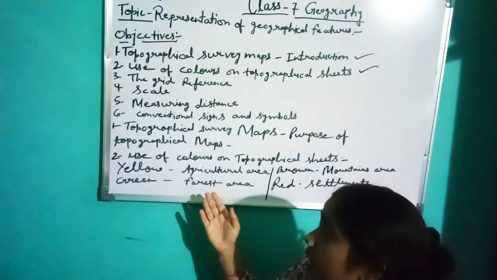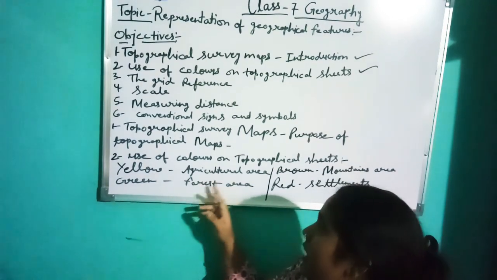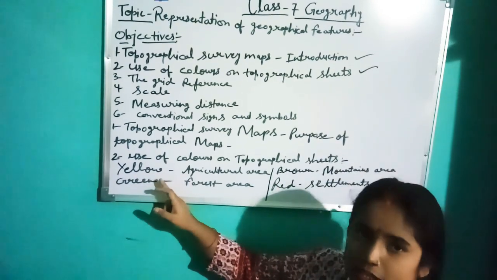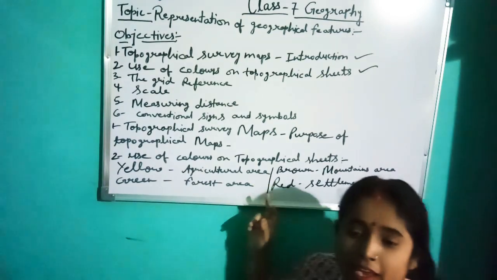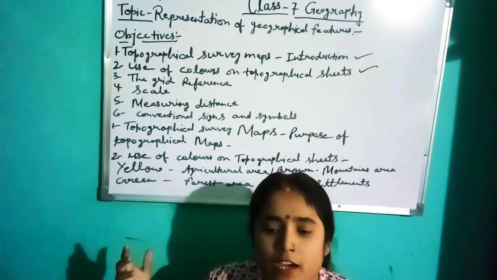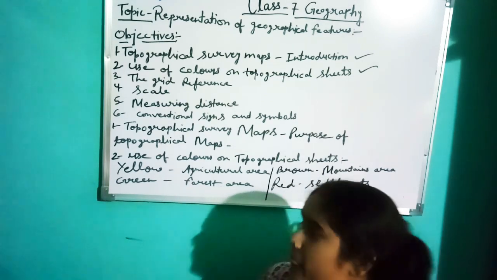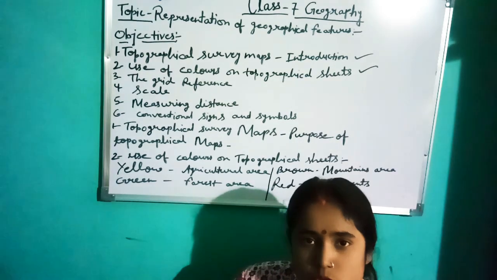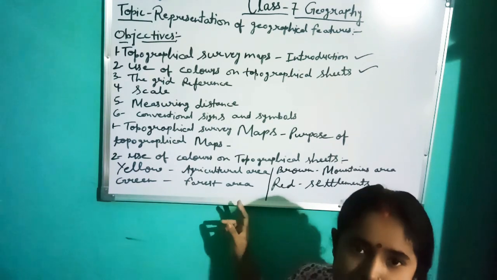Now I am going to give you some short examples. If yellow color is there on the map, it means that it is showing agricultural area, cultivated land, plateaus, desert, etc. Second, green color is showing forest area.